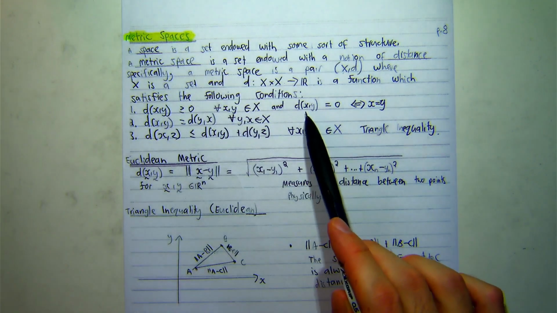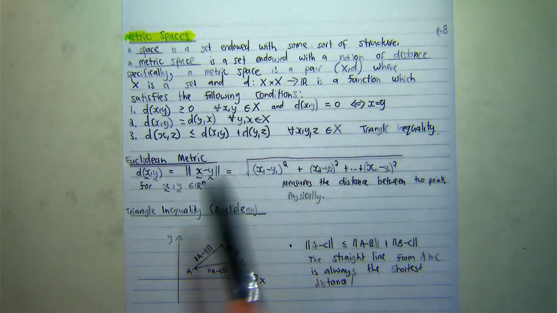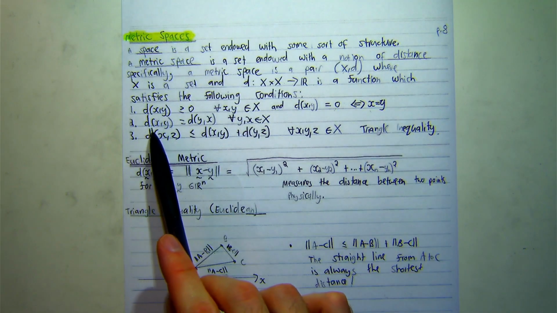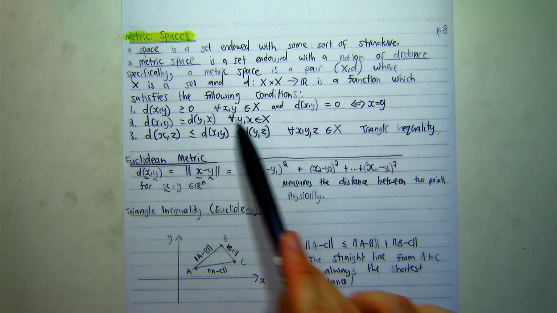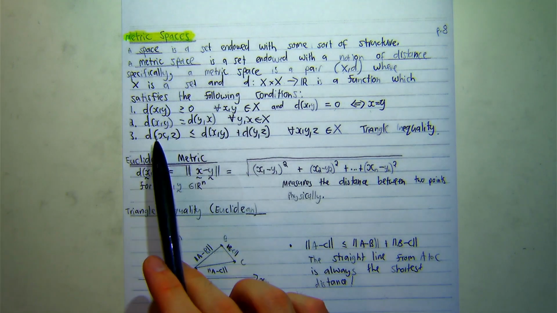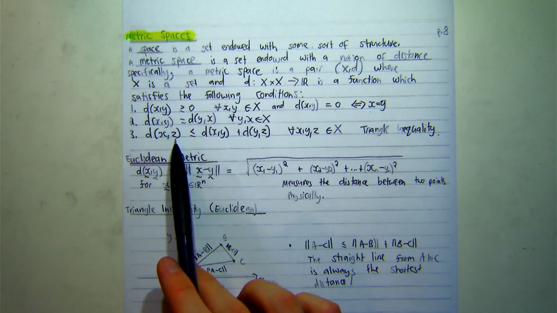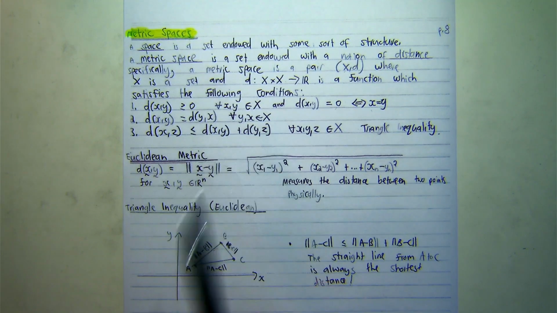And if the distance function is equal to 0, x must equal y. Secondly, the distance function of x and y must be equal to the distance function of y and x, and this must be true for all elements. And then lastly, the distance function of x and z must always be less than or equal to the distance of x and y plus the distance of y and z. And that's the triangle inequality.